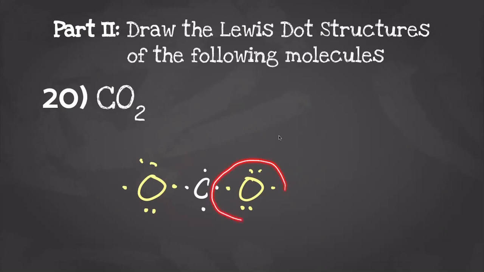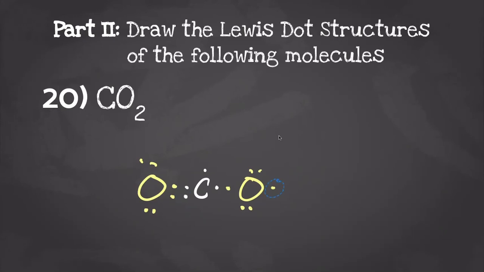Oxygen is going to have 7 each one. So instead of this oxygen only sharing 1 electron, it can share 2. And this carbon, I can move this electron of carbon over here.